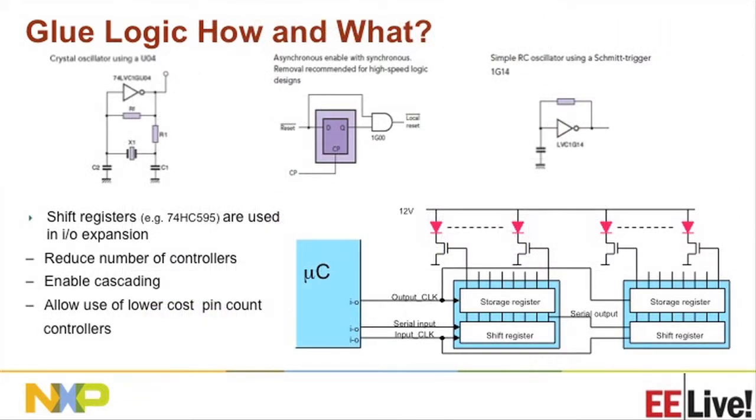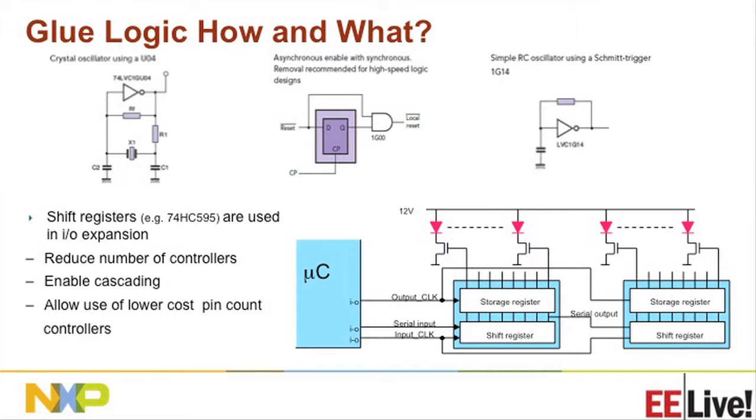Some more examples. You can implement a Pierce oscillator using an unbuffered inverter. You can convert a synchronous reset signal into an asynchronous local reset using a flip-flop. Using a Schmitt trigger, an RC oscillator can be built.